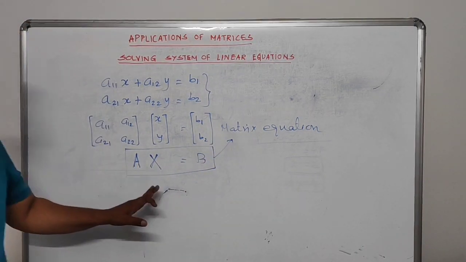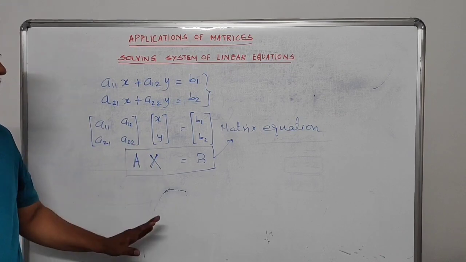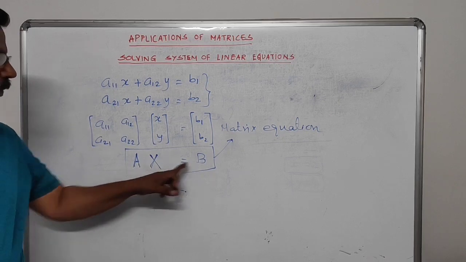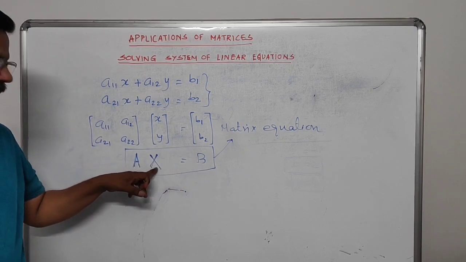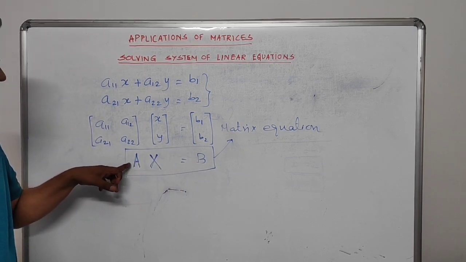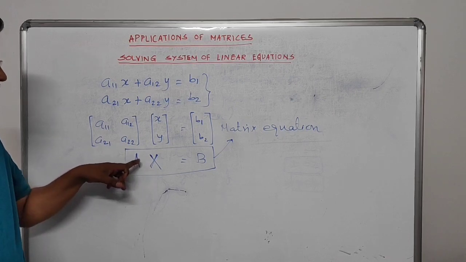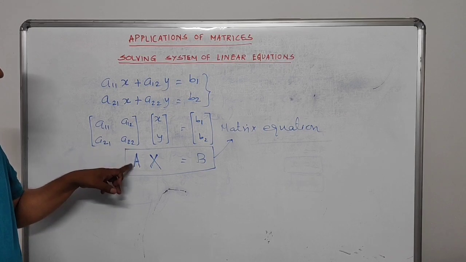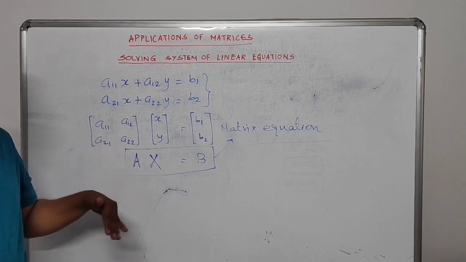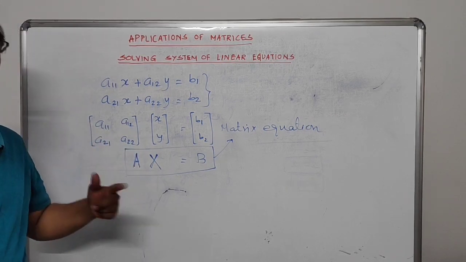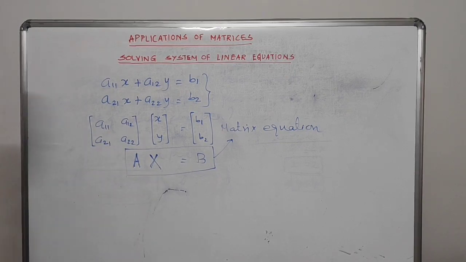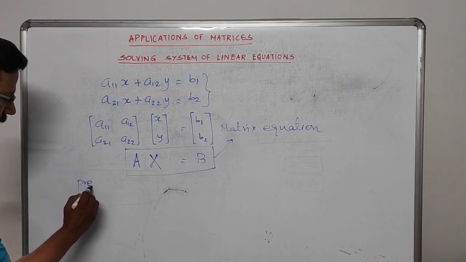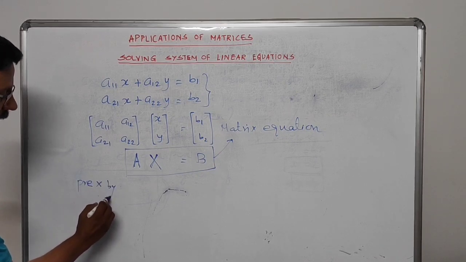Now here the aim is to find the values of x and y, this matrix X. From this matrix equation, to find X, we have to eliminate A. This A is on the left hand side of X, which means this A can be eliminated using its inverse by pre-multiplying. Therefore, to eliminate A we can pre-multiply by A inverse.